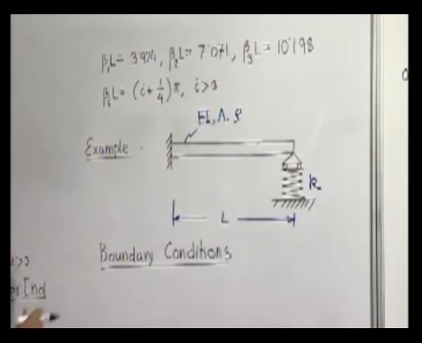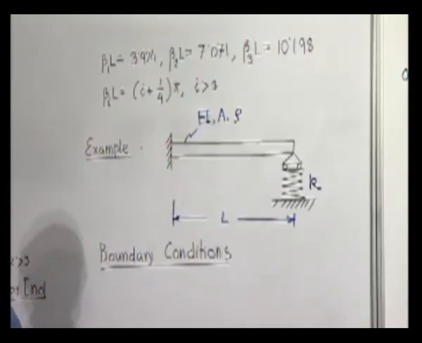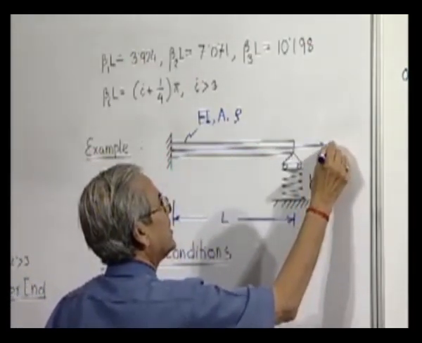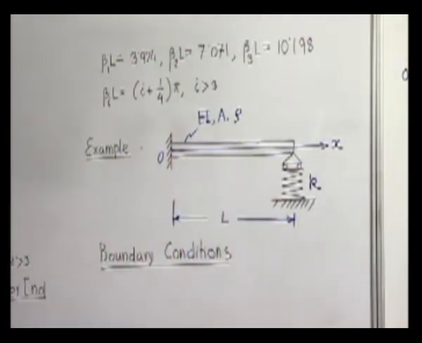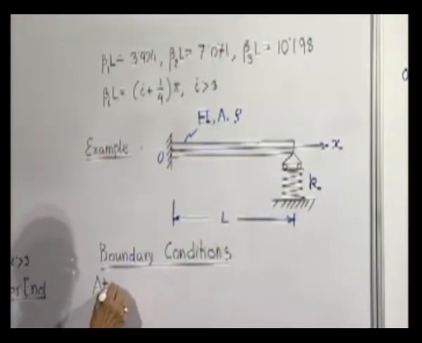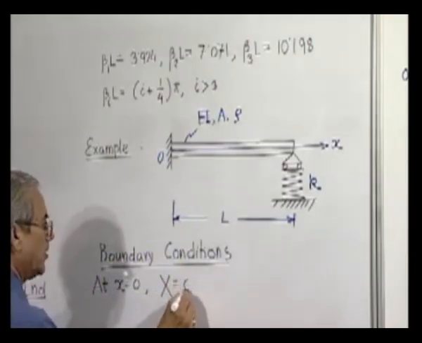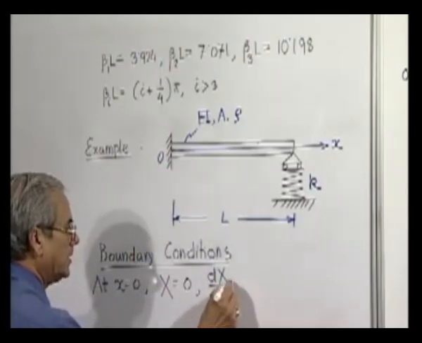Now here we find that at x equal to 0, obviously we have taken the same kind of coordinate system as we have been doing always, the deflection is 0 and slope also is 0. So at x equal to 0, x is 0 and dx is 0.